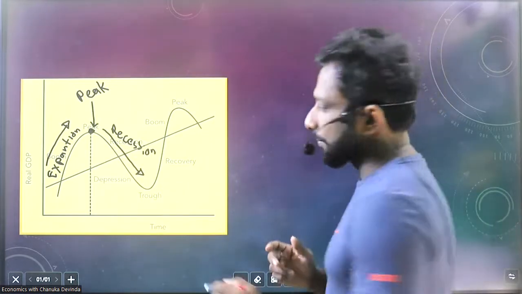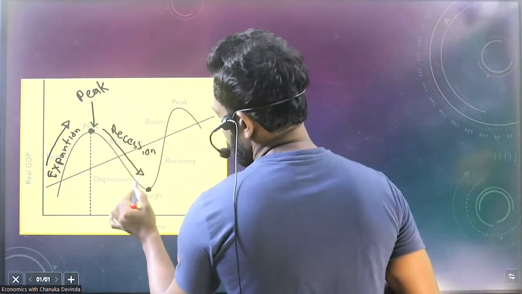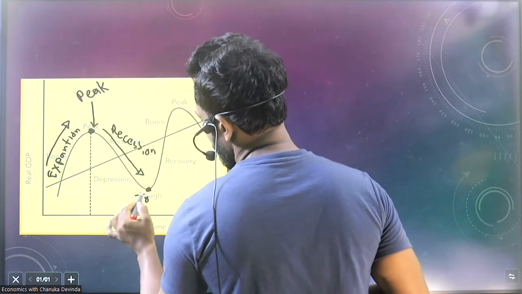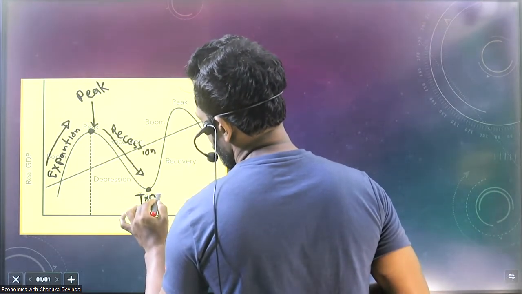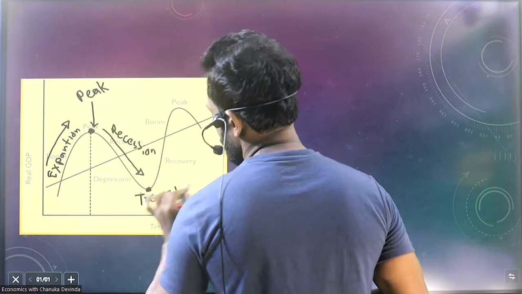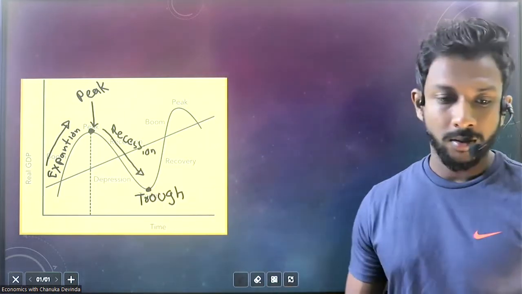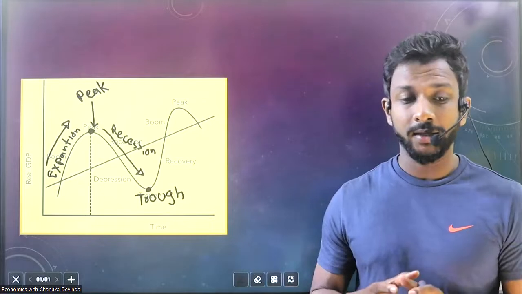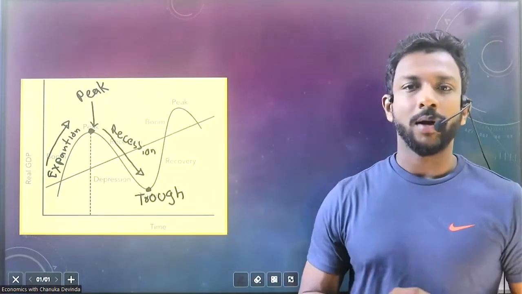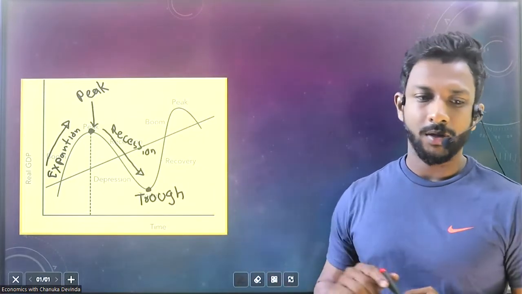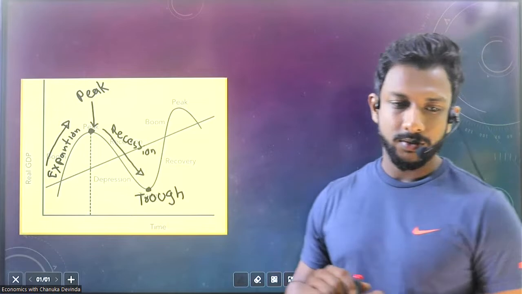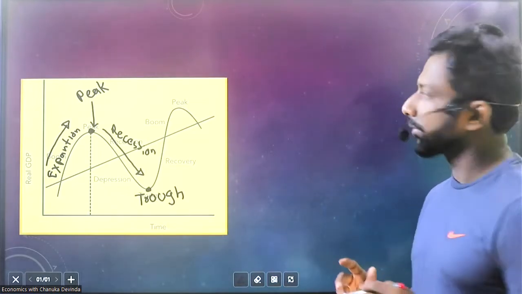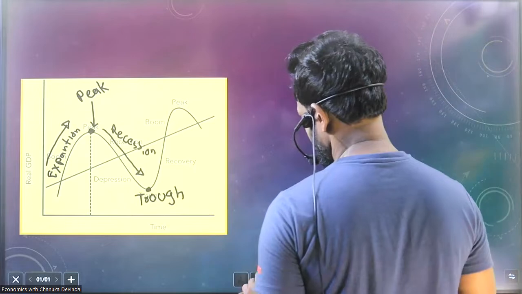This bottom we call the trough. So this is the business cycle, and you have to explain each one of these words: expansion, peak, recession, and trough.